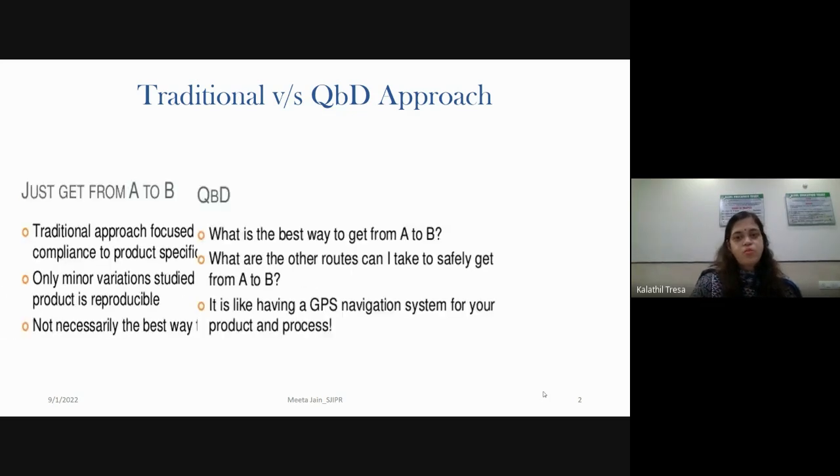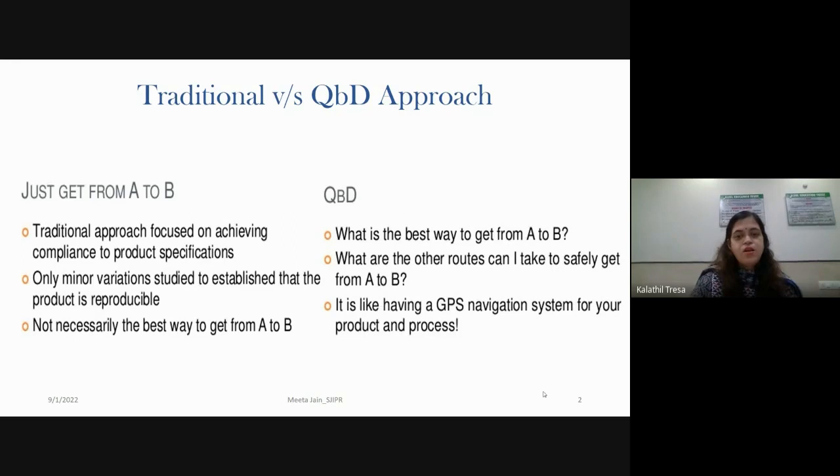So in the QBD approach, they don't just have the aim or goal to reach the destination. They try to find out the best way to get from A to B. What other routes can I take to safely get from A to B? So it's basically like a GPS navigation system.